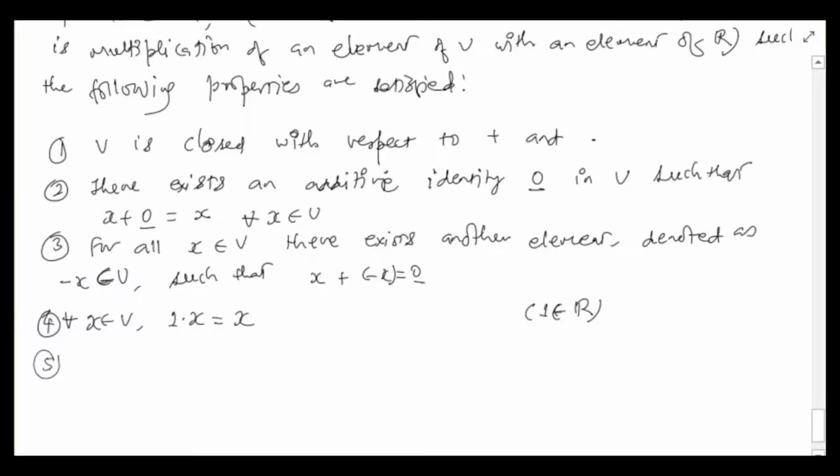Fifth property is what we call commutativity. This says that x plus y is y plus x for all x, y in V. Okay. Sixth property is associativity.